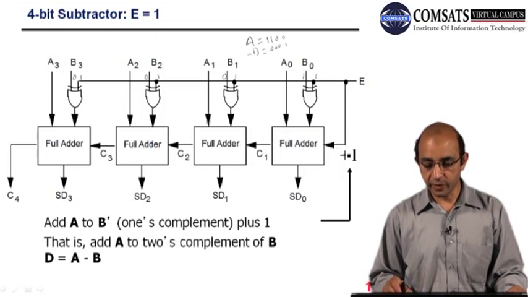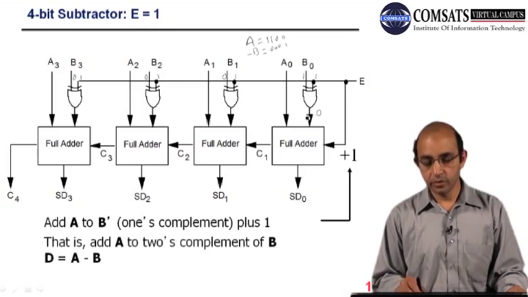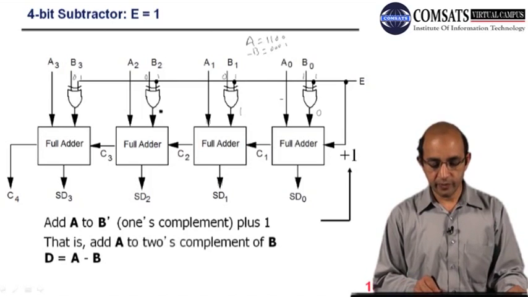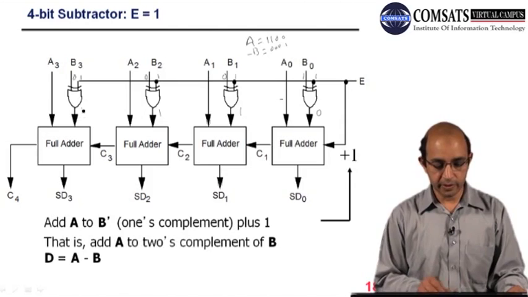So 1 and 1, we know this is 0, because XOR is 1 sensitive: either A high or B high, but not both. Here we have both high, so 0, so 1 will be passed.